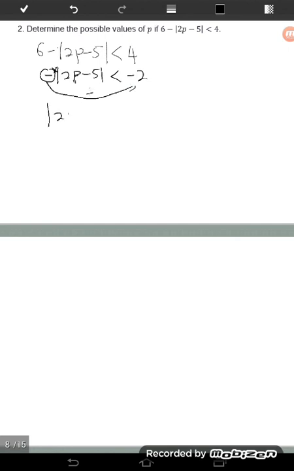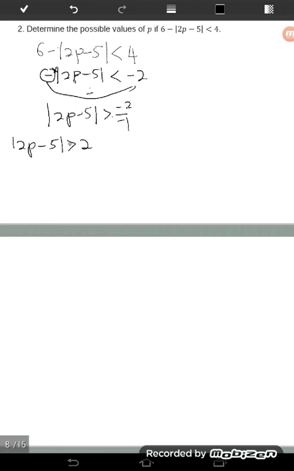So you will have modulus 2p minus 5. Since we divide by a negative number, we change the symbol. Negative 2 divided by negative 1. So you have modulus 2p minus 5 greater than 2.